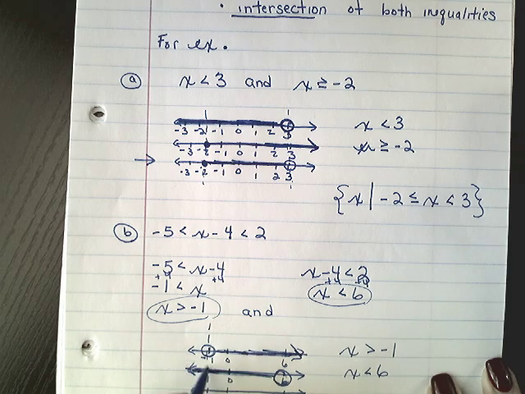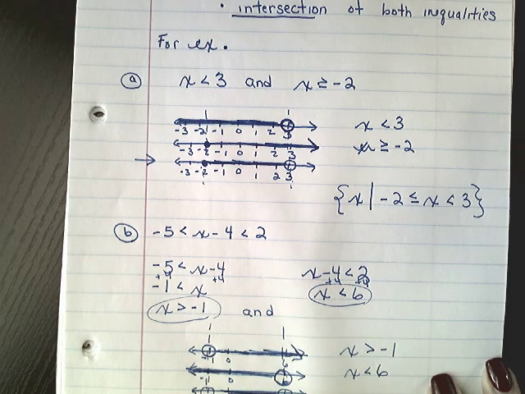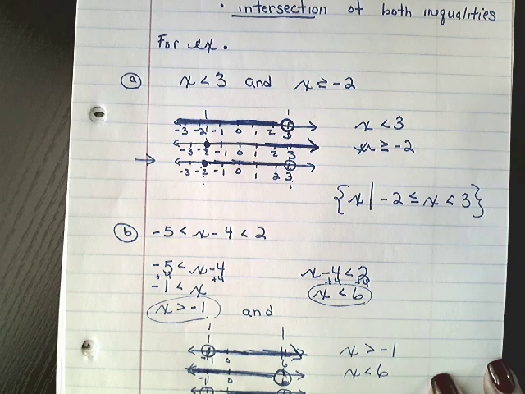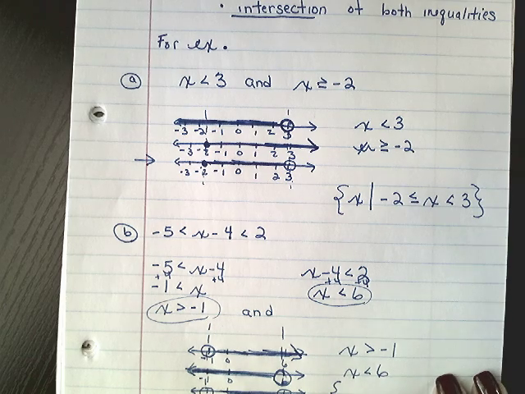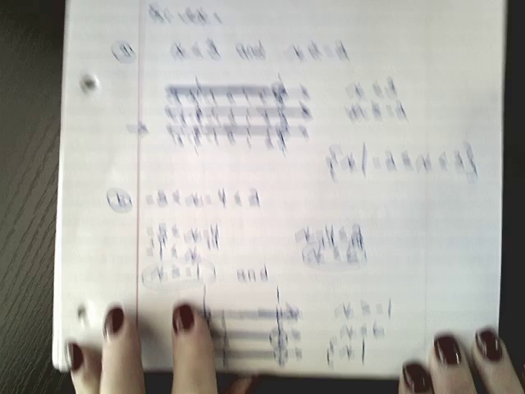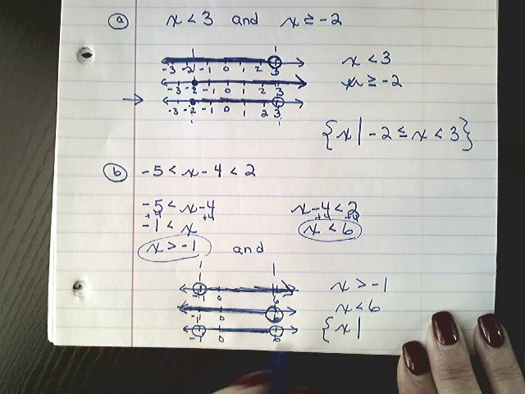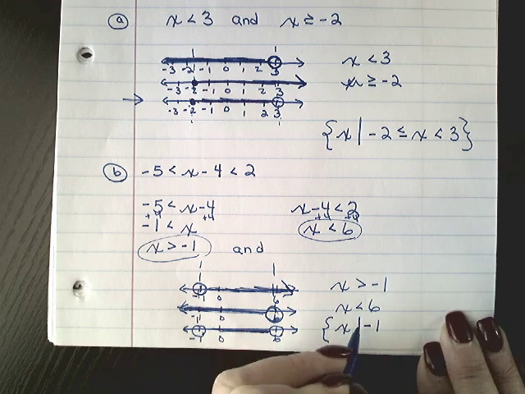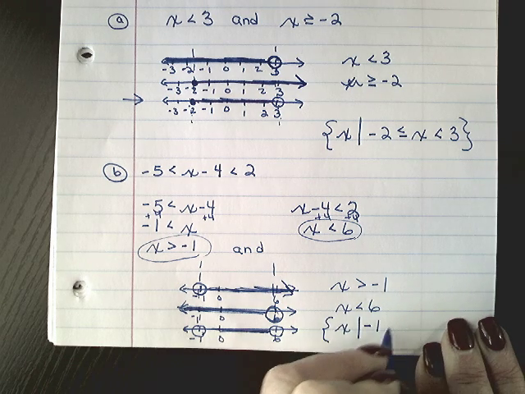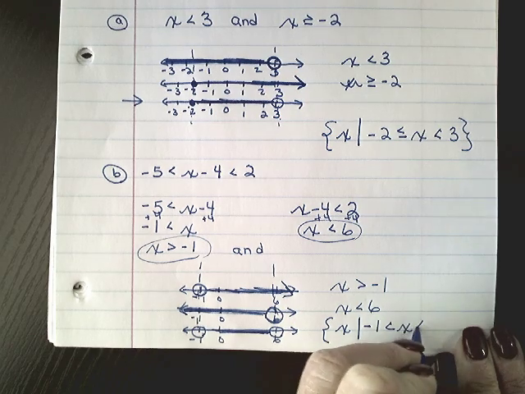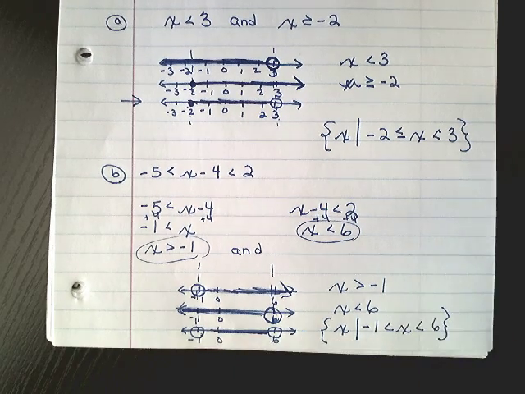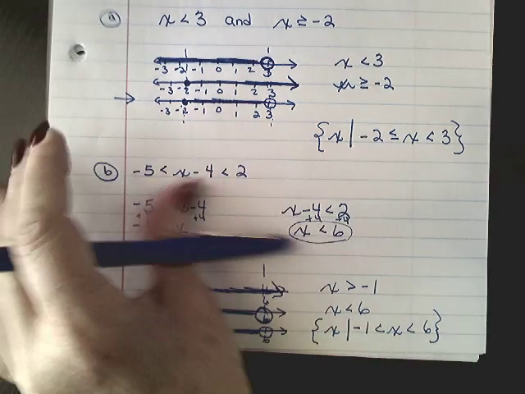So anything that falls in between, they share in common. So this would be, for all values of x, -1 is less than x, which is less than 6. Okay, so we use those two values as our boundaries.